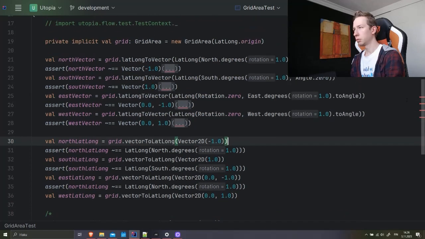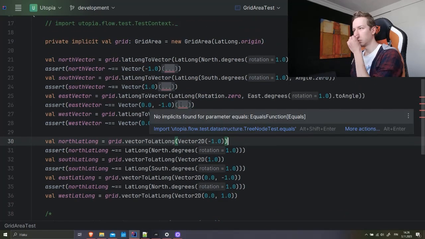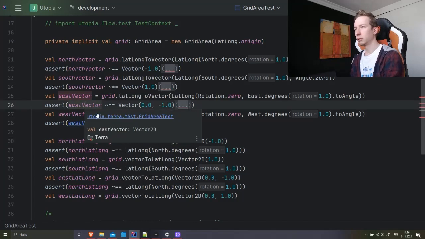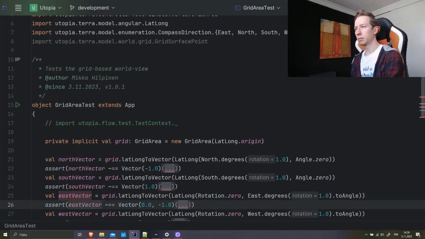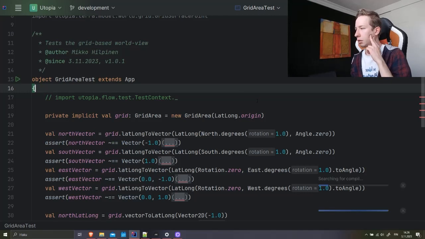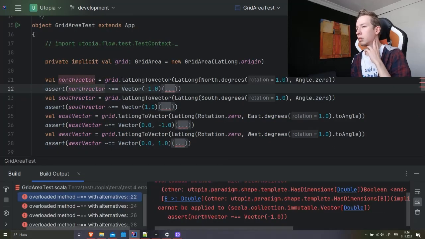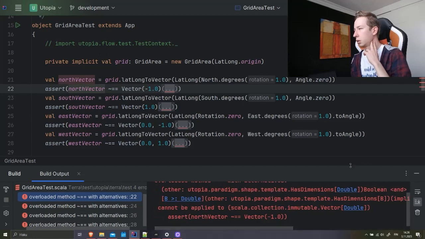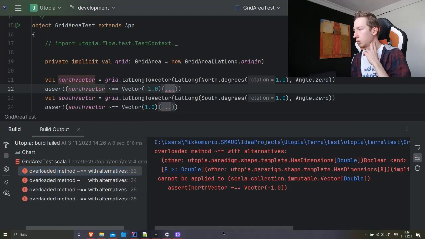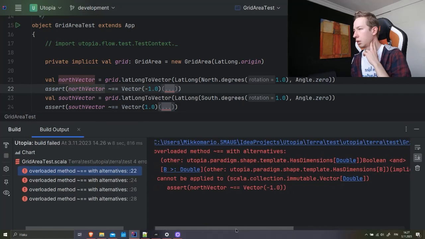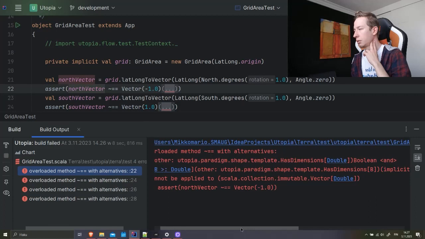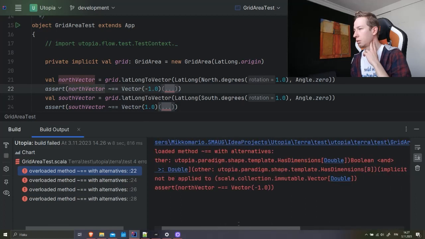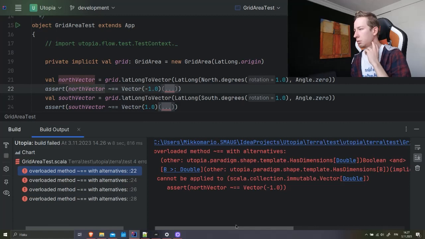Yeah, so this works. These don't. No, this is. Let's see if that's just an old problem. It's kind of not disappearing. Okay. So what does it say? Has dimensions and has dimensions. Can it be applied? Why?